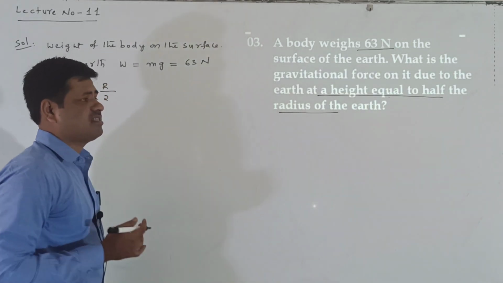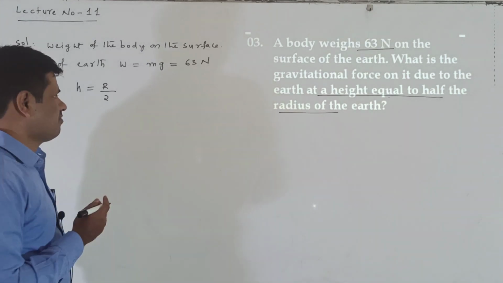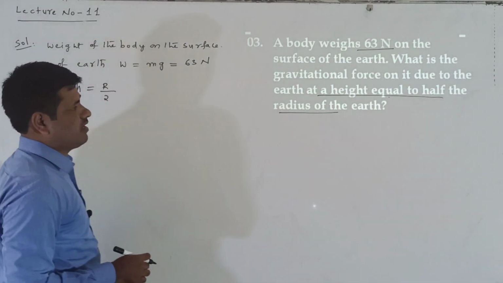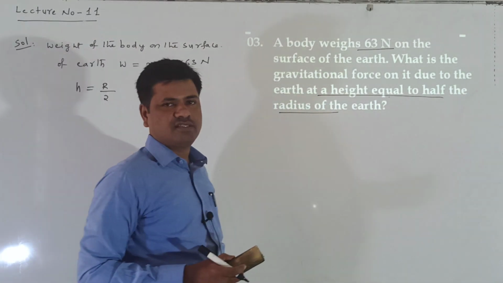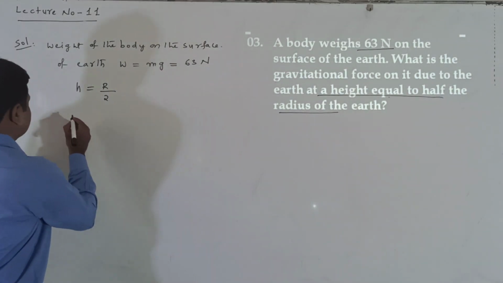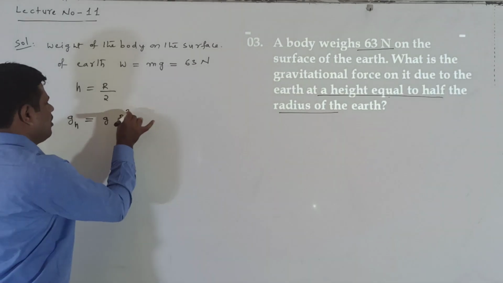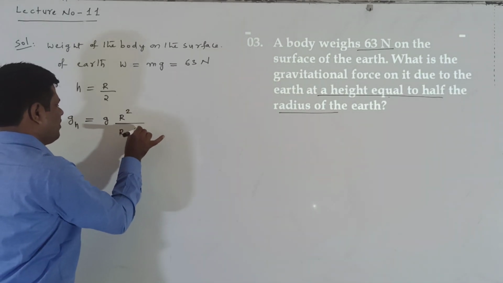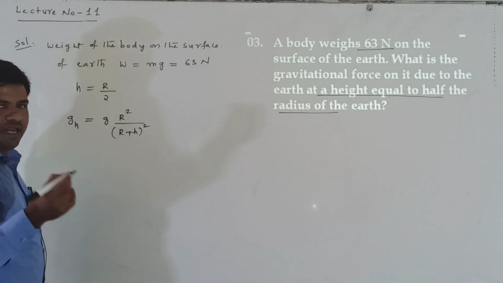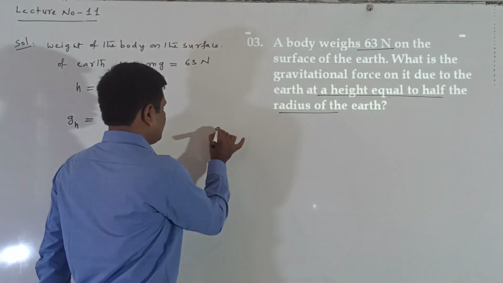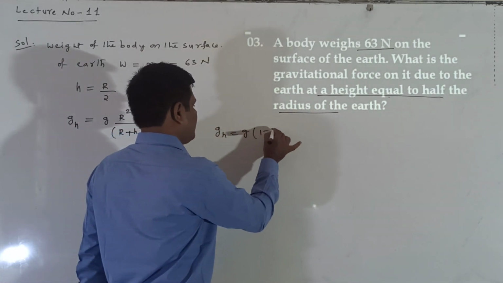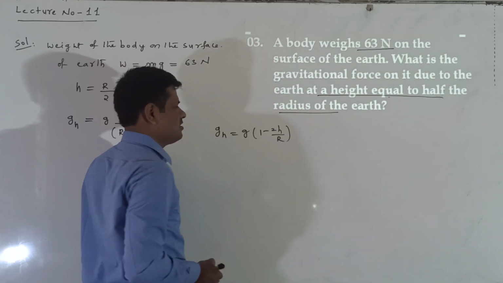First of all, I am finding the acceleration due to gravity at height h. h = R/2 is given, height is equal to half of the radius. Now gh, the acceleration due to gravity at height h, we use g R² / (R + h)². You may raise a doubt: sir, why are you not using gh = g(1 - 2h/R)?